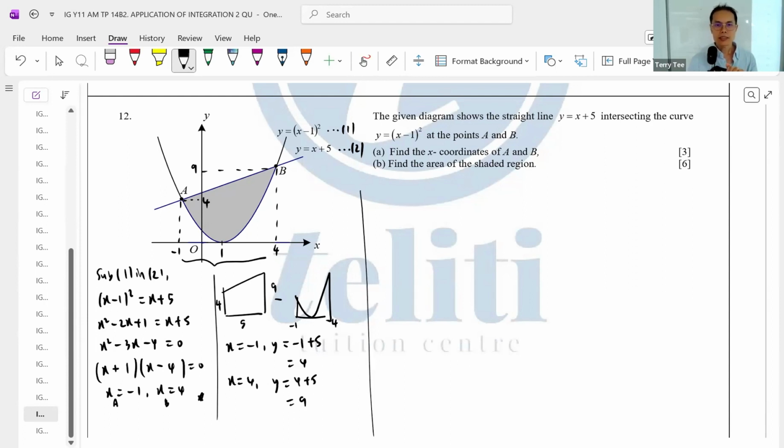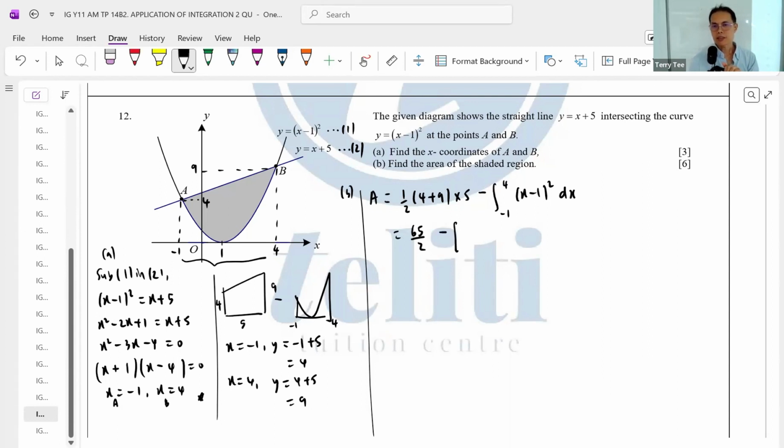To calculate your area, this is part A, this is part B. We take the area of the trapezium, which is half the sum of parallel sides times height, minus the area of integration, -1 to 4. Your function is (x minus 1) squared dx. So 4 plus 9 is 13. 13 times 5 is 65, divide by 2.